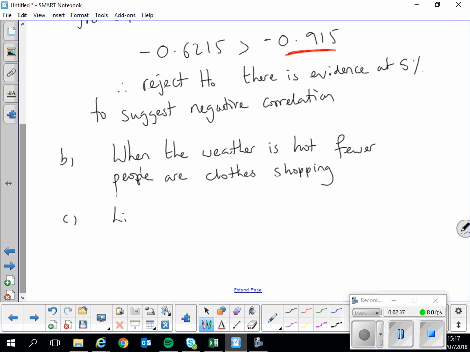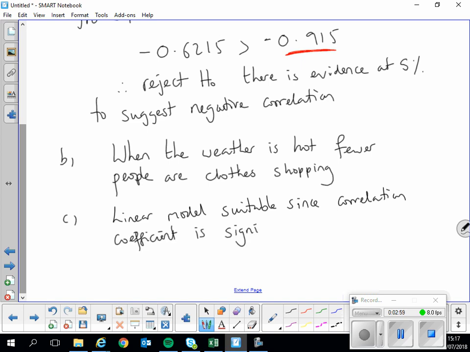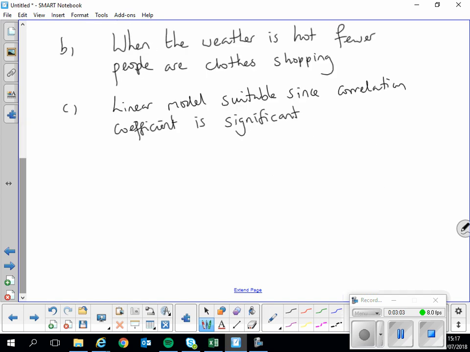Since the correlation coefficient is significant. Okay, so we've got a significant correlation coefficient there.